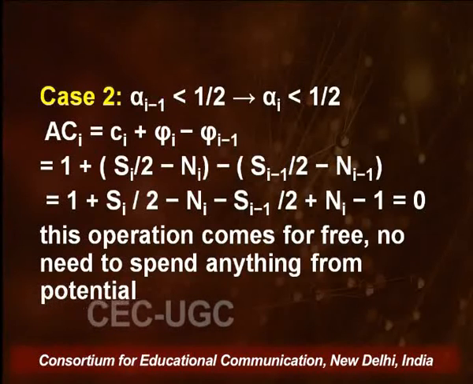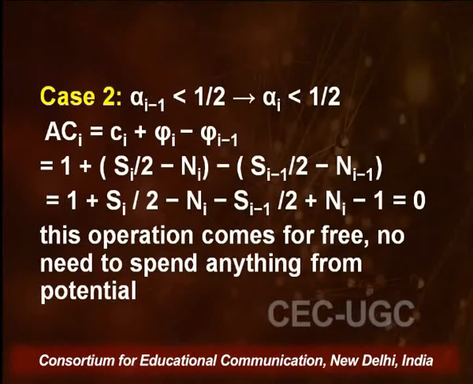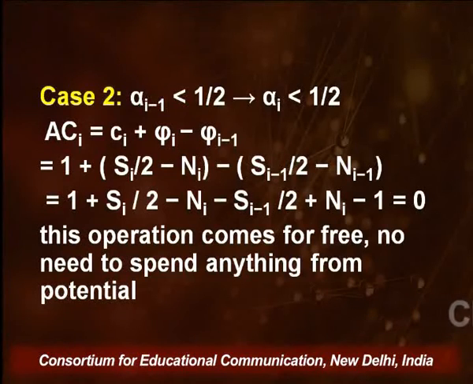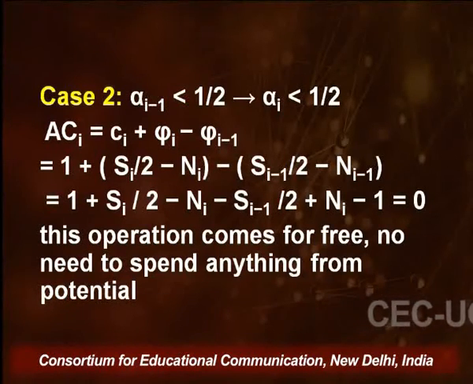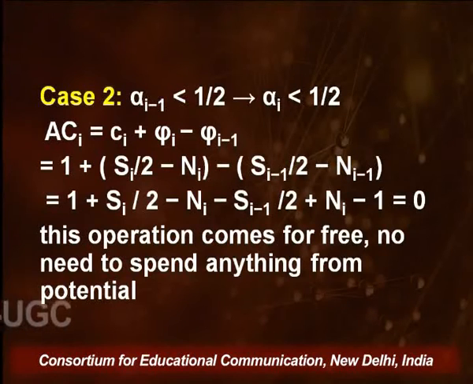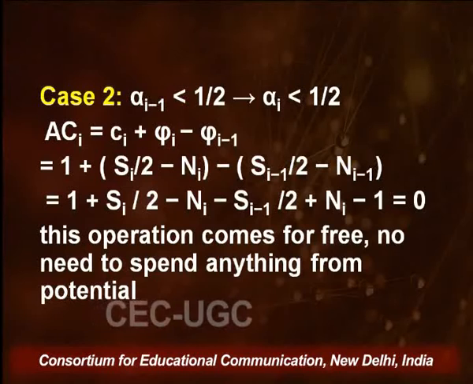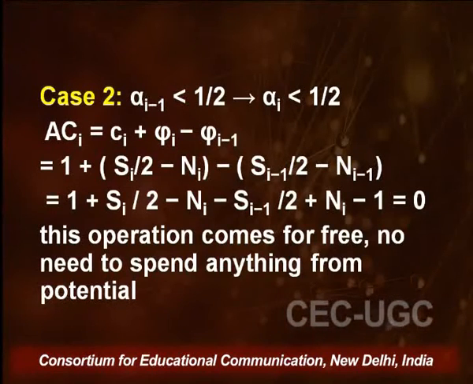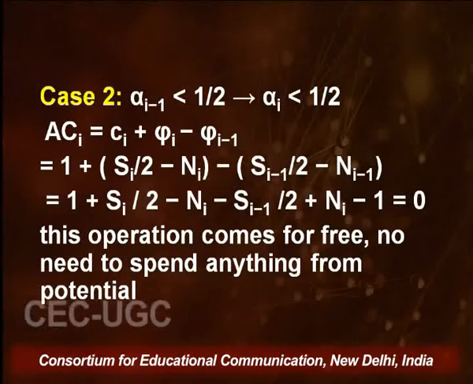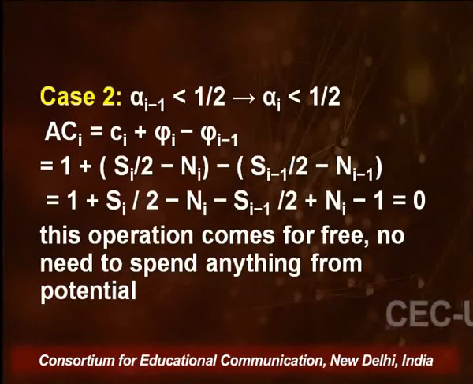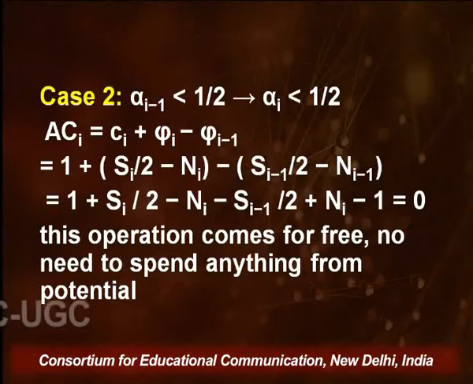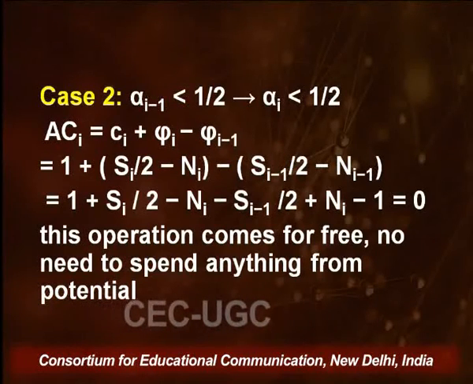So phi of i is S_i by 2 minus N_i, and for phi of i minus 1 we have S of i minus 1 by 2 minus N_i minus 1. Now please understand what is happening here. The number of elements is going to be increased by 1, but the size is similar, that means S of i is equal to S of i minus 1.